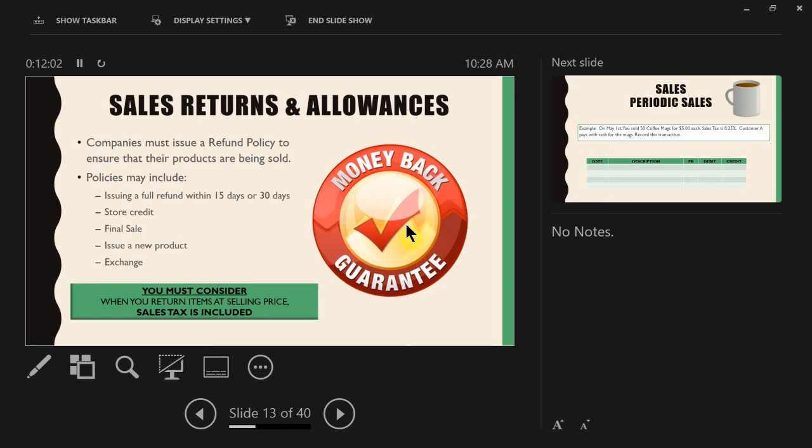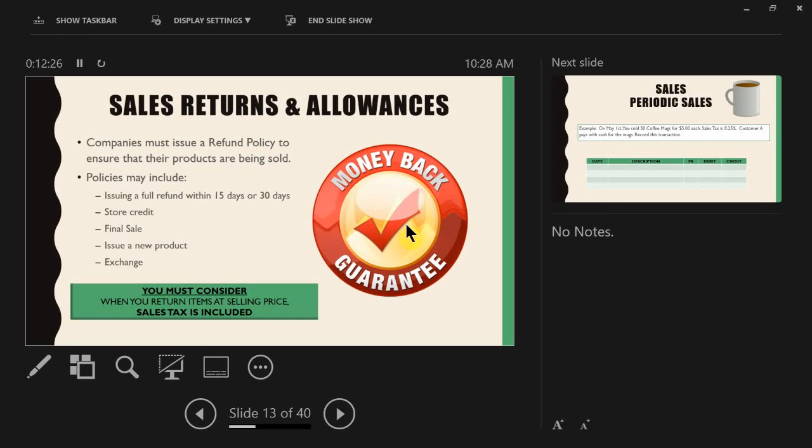So again, every company is going to have some kind of return policy. Some of them might say, no, I'm sorry. Once you buy it, you can't return it, but I can give you store credit to keep the item sold. But instead of returning the money, right, you're giving them store credit, meaning they must purchase something else within your store, right?